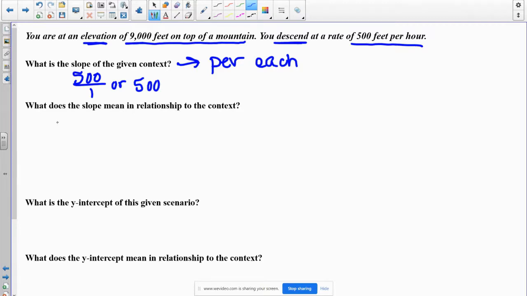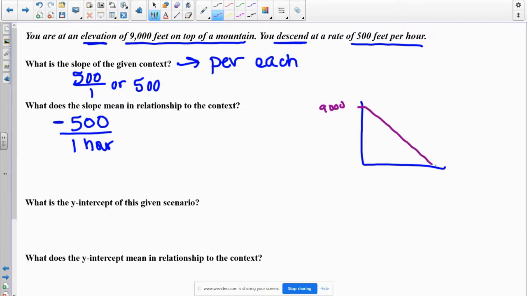It means, first of all, we're going to write it mathematically again. And notice that I'm going to change something. Notice I'm going to make my slope negative because it says I'm descending. So that means the graph is going to go down, because if we think about it as a graph, if you're on the top of the mountain here at 9,000 feet and you're descending at a rate of 500 feet per minute or per hour, 500 feet per minute would be fast.